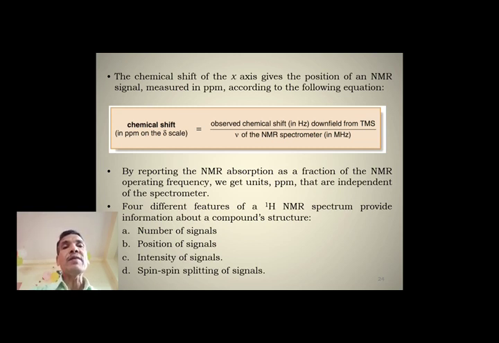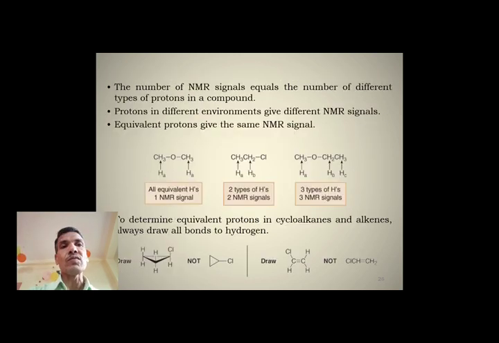Usually, the NMR spectrum gives us information about the number of signals, the position of signals in a spectrum, the intensity of signals, and the splitting of signals, that is, spin-spin coupling. On the basis of these 4 pieces of information, we will predict the probable nature of all kinds of protons present in a molecule.